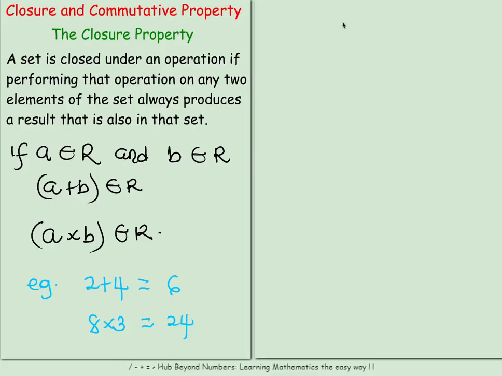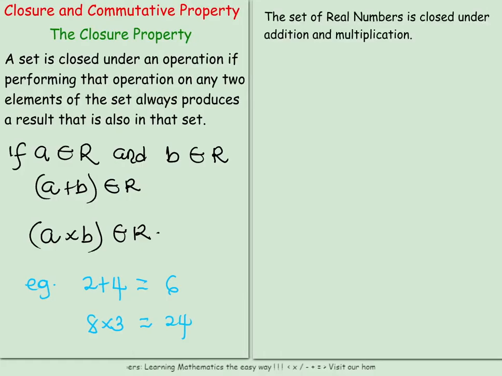So we say that the set of real numbers is closed under addition and multiplication. The set of real numbers is closed under addition and multiplication. This is just the case for all real numbers.